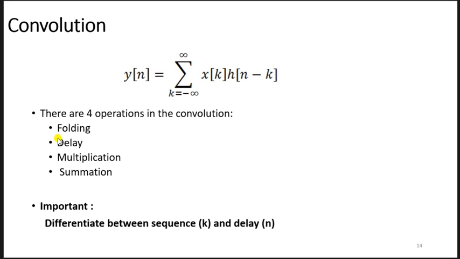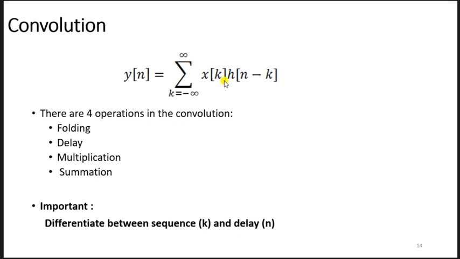So there are 4 operations. So folding, okay, so xk ni, negative k is folding, and then ada delay sebab ada n, and then you have multiplication, so xk darab dengan hn minus k. And then ada summation.